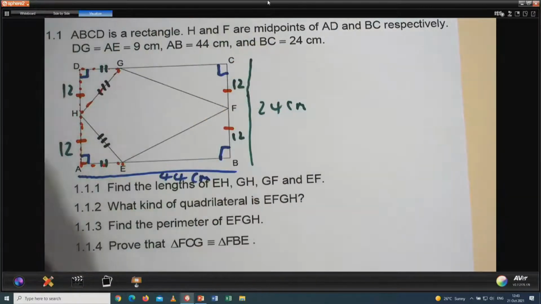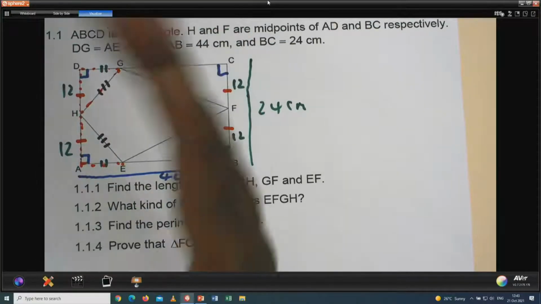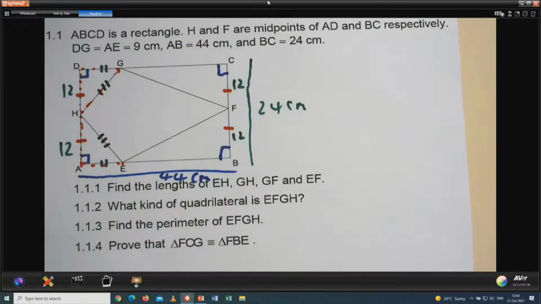This is a rectangle, therefore opposite sides are equal. Otherwise, if you don't know properties of the quadrilaterals and triangles, you won't get anywhere. That's the information that we are given. Now they ask you, find the length of EH.